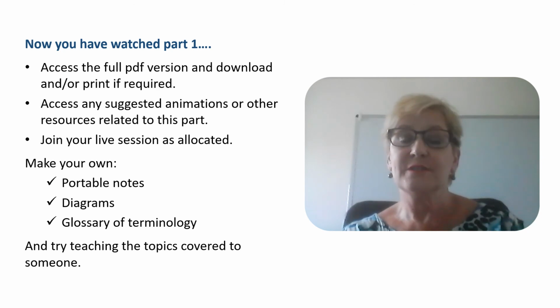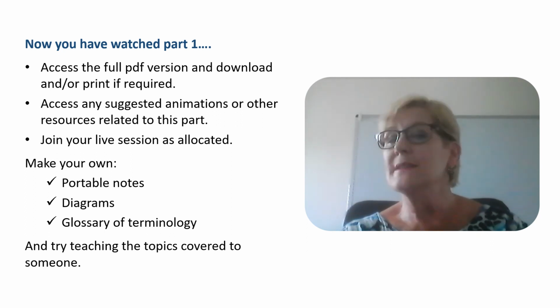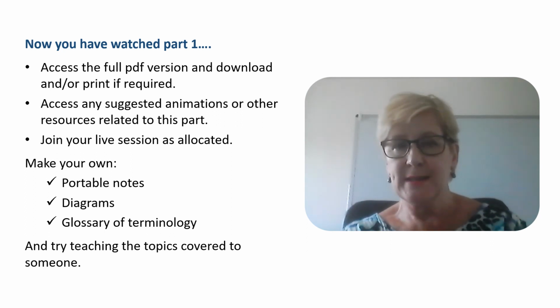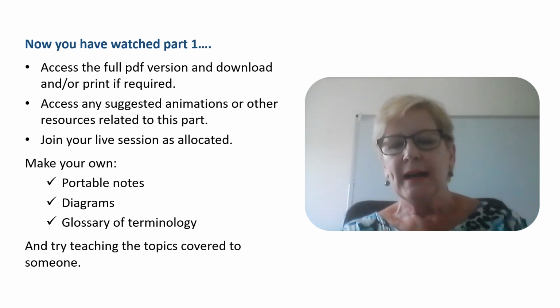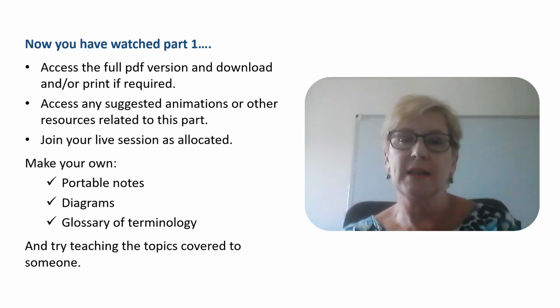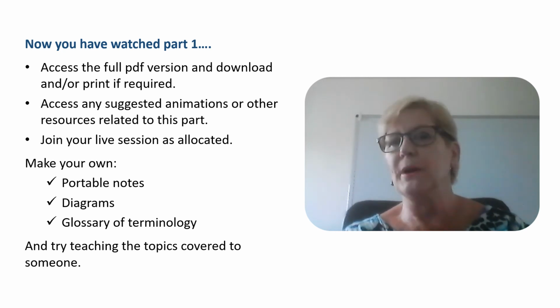So well done, you've completed part 1 of cell biology. That was all about the synthesis of proteins, the synthesis of ATP. Before you move on to part 2, access the full PDF version, and if you want to, you can print it, you can download it, read it digitally, whatever you want to do. But there is a written version, and that's all 3 parts in one document.